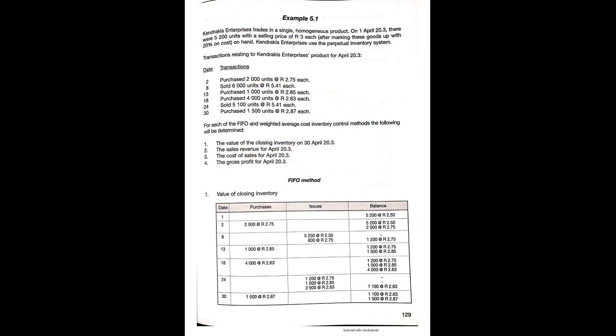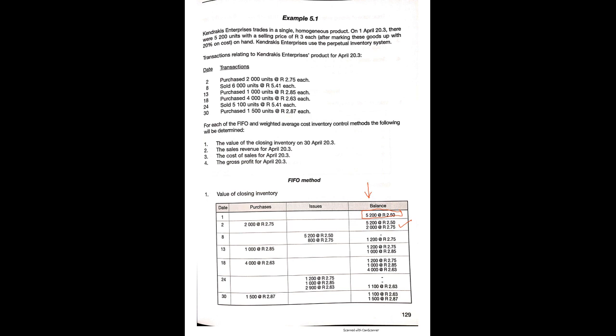Okay, there we go. So here under the heading of balance, you're going to indicate that this is what was already there: 5,200 units at 2.50. This is still in the balance of the company. And then they purchased 2,000 units at 2.75. So 2,000 at 2.75 is what will be in the last column.